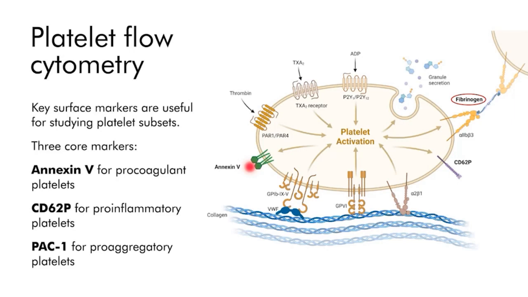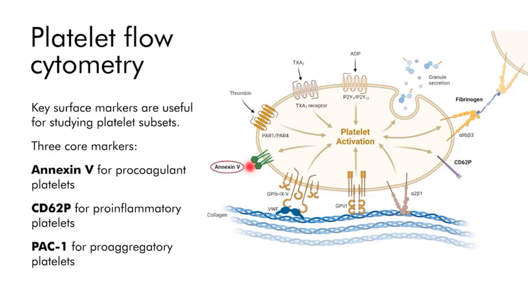Monoclonal antibody PAC1 recognizes the active form of alpha-2b beta-3 and therefore allows the detection of so-called pro-aggregatory platelets. After activation, adhesion molecule CD62P relocates from intracellular granules to the platelet surface, where it modulates interactions with leukocytes, and platelets expressing CD62P are said to have pro-inflammatory properties.